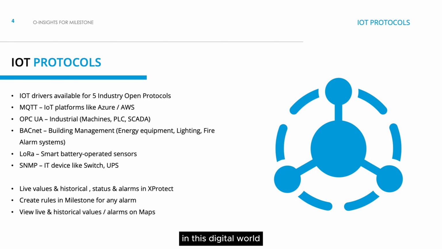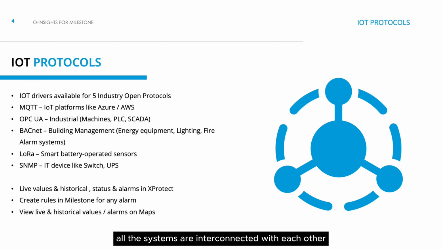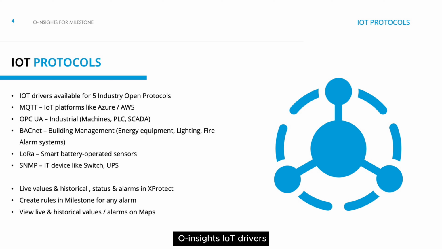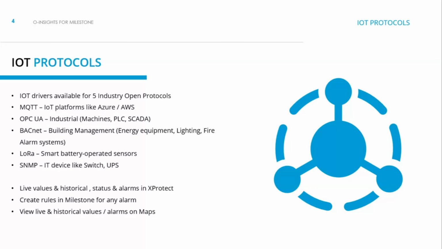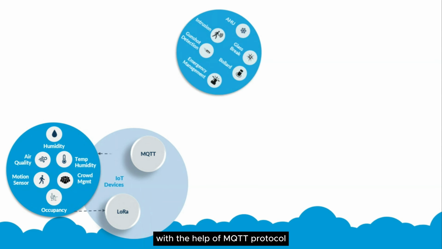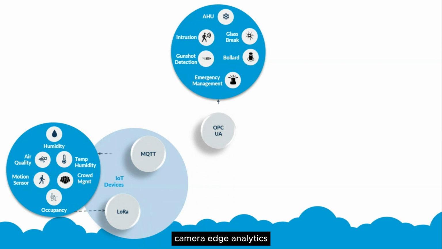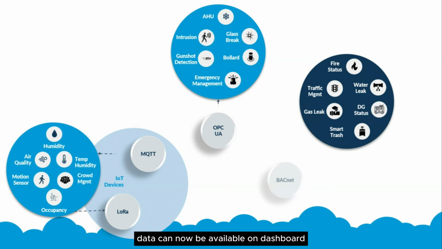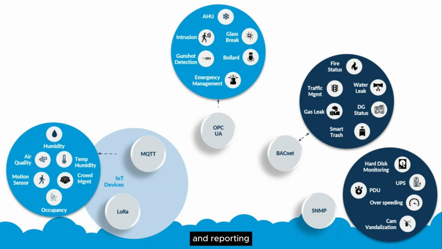In this digital world, all the systems are interconnected with each other. OInsight's IoT drivers empower XProtect to communicate with various systems available in a manufacturing environment. This helps the team to take the right actions at the right time. With the help of the MQTT protocol, camera edge analytics data can now be available on dashboard and reporting.